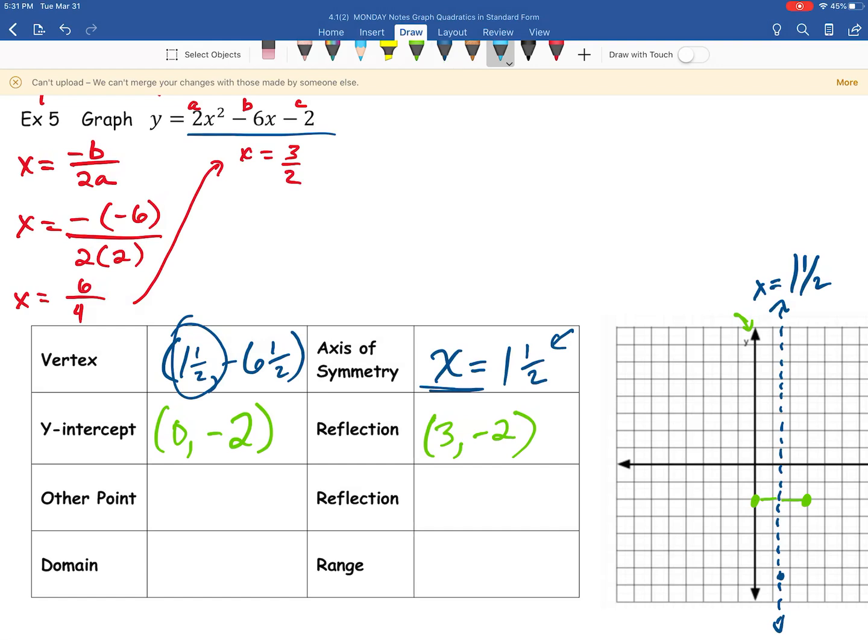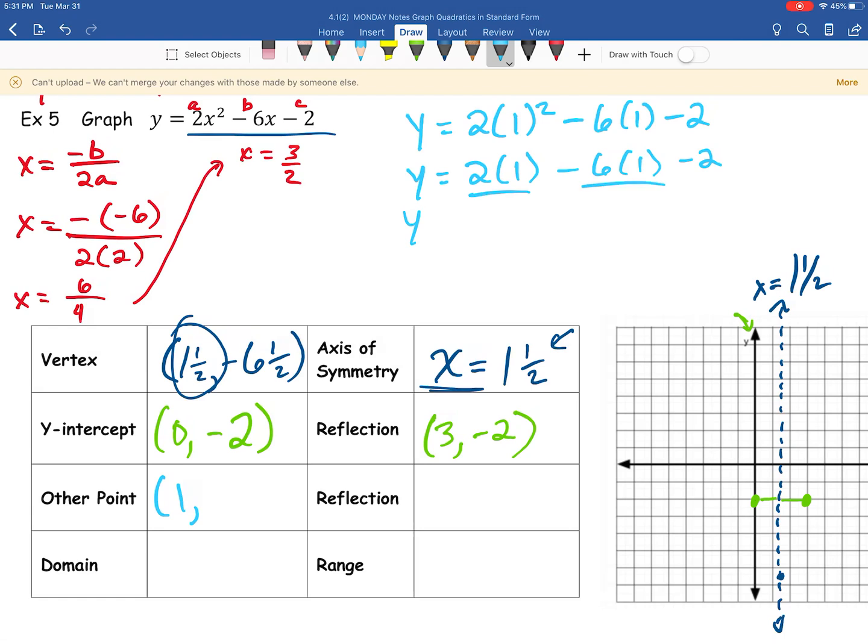So when I do that, I've got y equals 2 times, plugging 1 in there, squared, minus 6 times 1, minus 2. Now I'm just going to find out what this y value comes out to be. So y equals 2 times 1 squared, which is just 1.